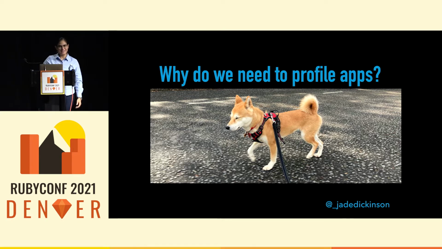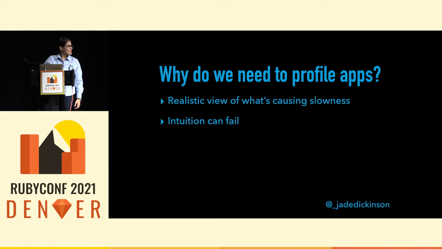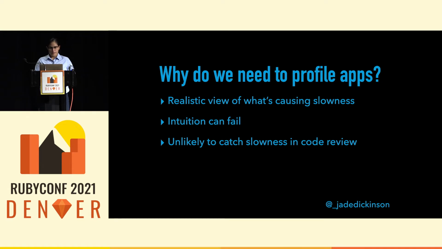Let's talk about why we need to profile applications. So we need to get a realistic view of what is causing slowness. For speed, intuition can fail. You might have had the experience that I have had of reading some code and thinking, oh, I bet that's going to be really slow, and then it's actually not at all. We also might not, for those reasons, catch slowness in code review.